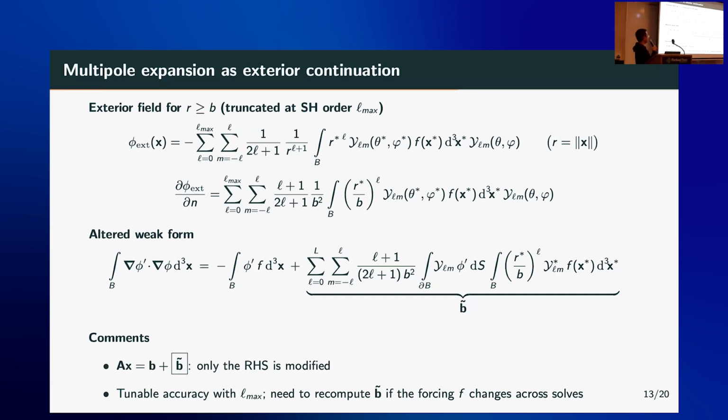And the feature of this is that for some physical problems, the right-hand side is changing. And we can see that in the expression of tilde B, the force term F is included. That means if your forcing is changing, every time it changes, you need to recompute this operator.